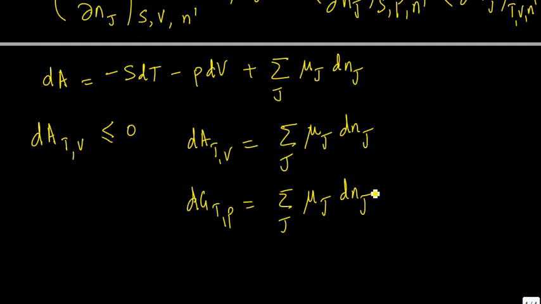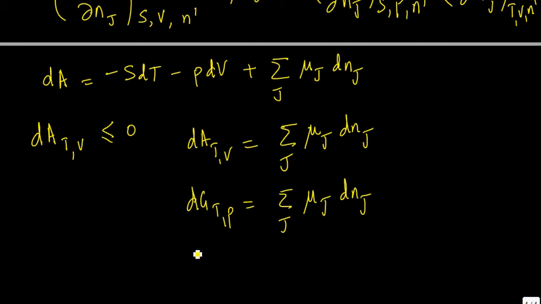Right? So whenever we are talking of spontaneity, it is always the additional work that needs to be done. So if dA is less than 0, then the system must be capable of doing some additional work.